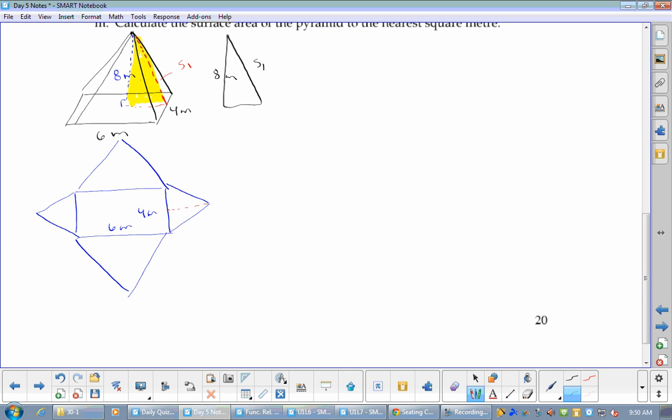And my base would be 3 meters. Okay, so I'm just taking this. That is that. Now you know why we need our buddy Pythagoras, right? Okay, so just to find S1, S1 is like C, remember? And that would be the square root of A squared, which is 8 squared plus 3 squared.